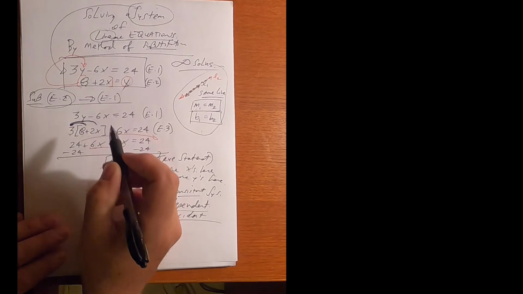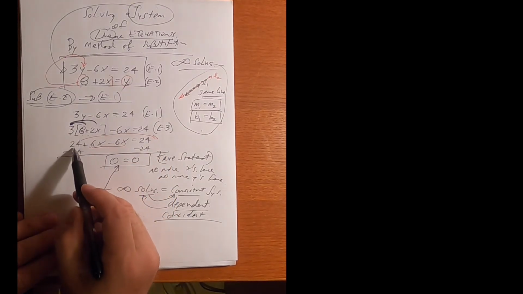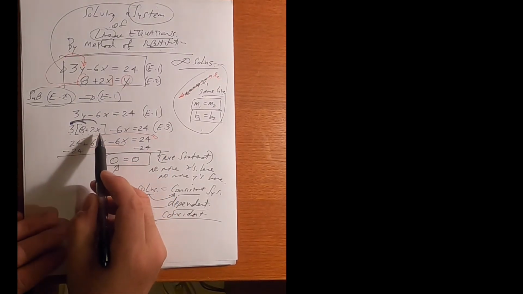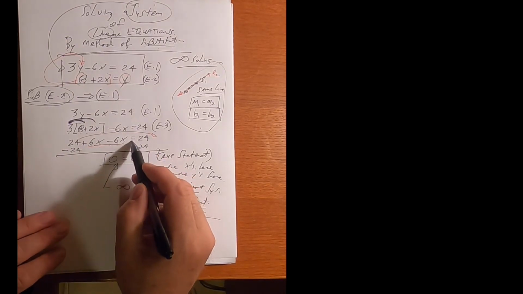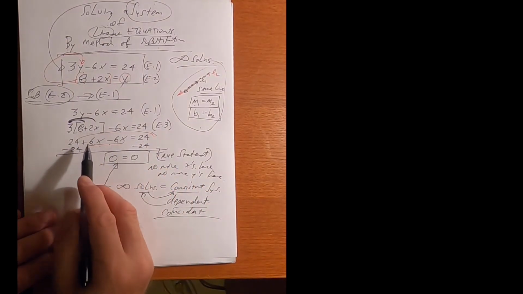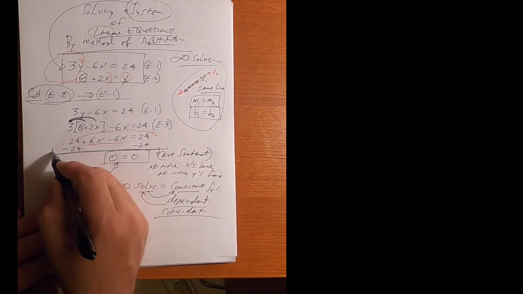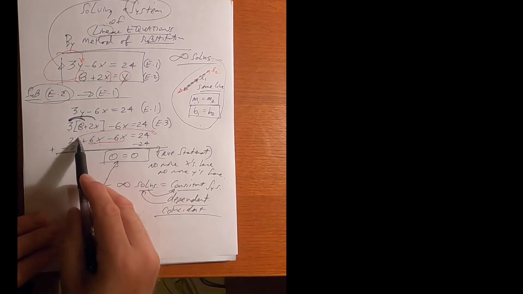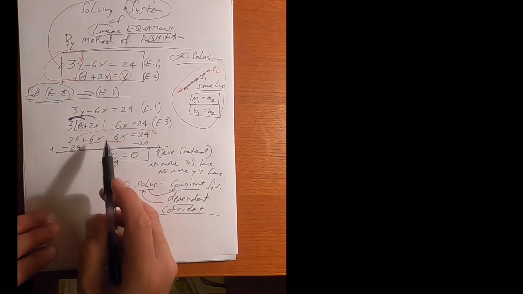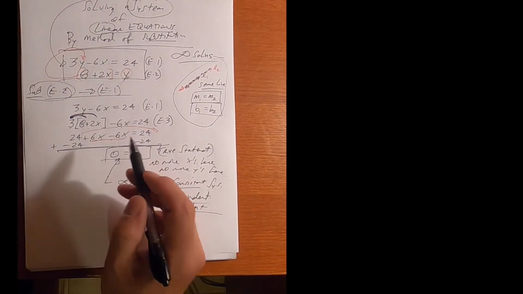Now I'm going to use the principle of distribution on these two. So I have 3 times 8, 24, 3 times 2x, 6x, minus 6x carried down equals 24 carried down. Okay, I draw a line, and I'm going to move over my 24 to collect like terms. I have to move it over, and I have these two here. Well, then we see a nice surprise.